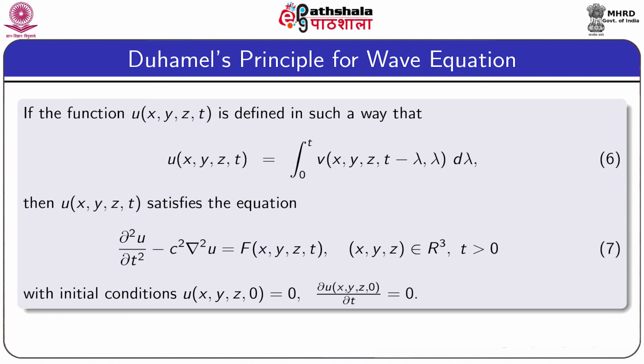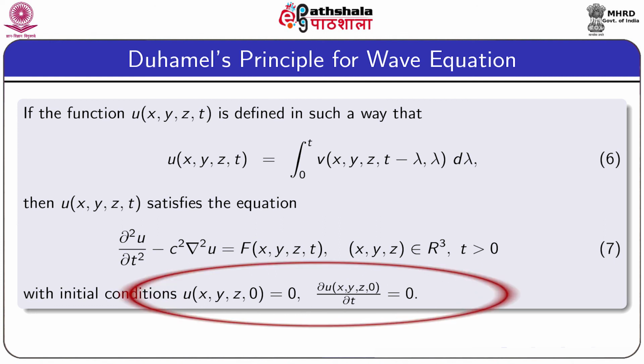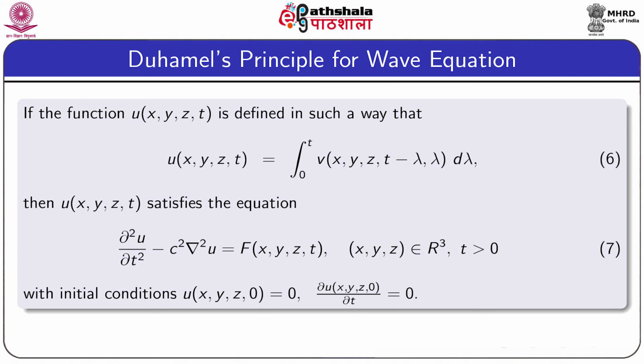Therefore, u satisfies the inhomogeneous wave equation, which is written in equation number 7. And you can prove that the value of u at x, y, z, 0 is 0 and del u del t at x, y, z, 0 is also 0. Therefore, the solution of the inhomogeneous wave equation can be written in terms of the solution of the homogeneous wave equation, which is given by equation number 6.